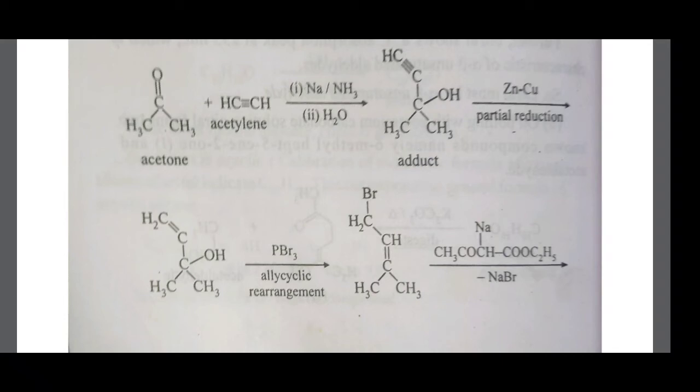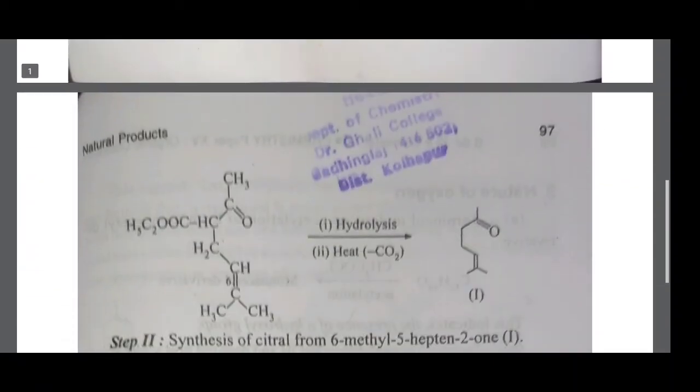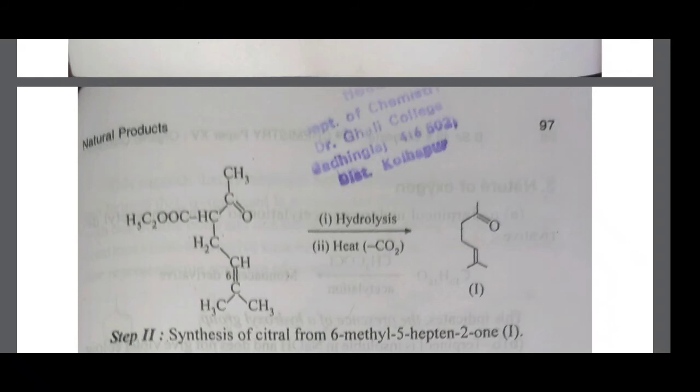Here Na from this compound and Br from the rearranged product are released in the form of NaBr, and a product is formed: CH3 C double bond O, CH COO C2H5, CH2 CH double bond C, CH3.